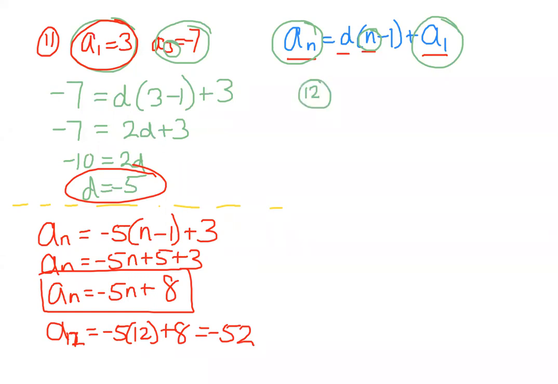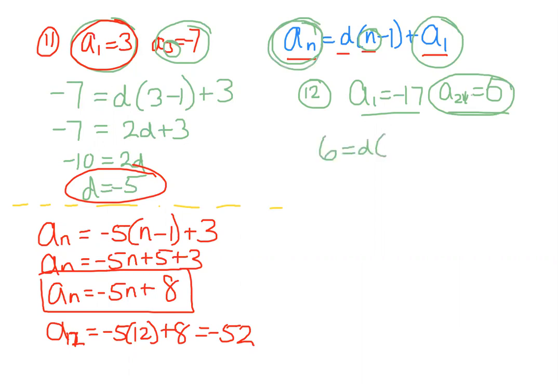Number 12. I have a1 is -17 and a24 is 6. I don't know what d is, so I'm going to use these 2 things to find d. So I'm going to put this in for this, which means I have to put 24 in for n, and I know a1. I'm going to solve this. 24 minus 1 is 23, and I get d equals 1.